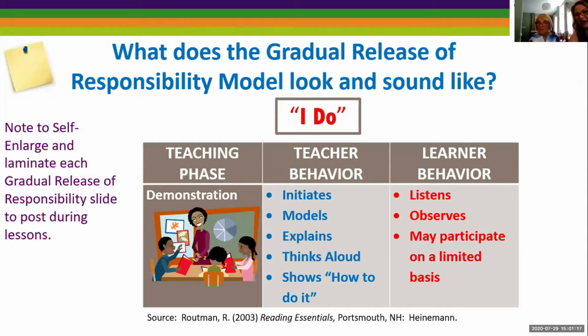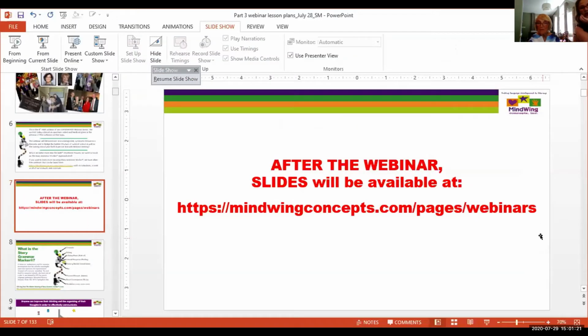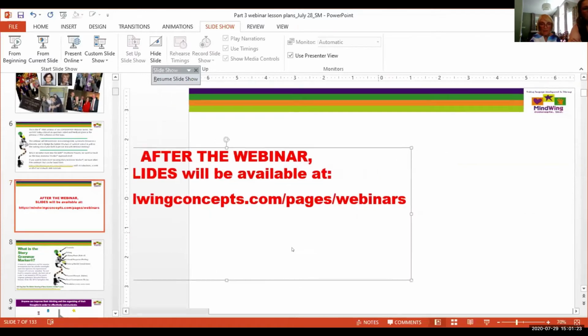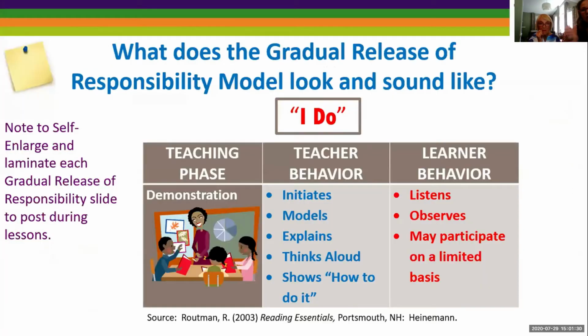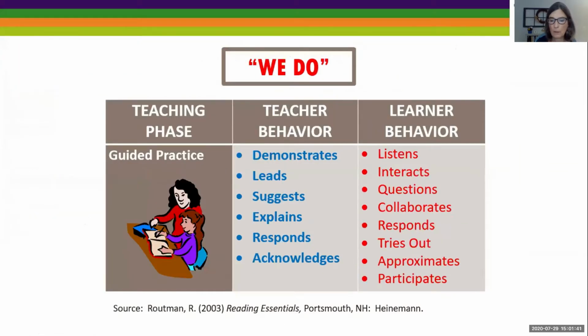So I can click the arrows. Oh, it went back to the beginning. Wait a minute, hold on. Resume slideshow. Okay, it says I'm controlling the screen and I'm on the I do, but if I hit the downward arrow, did that work? Yep, that worked. Okay, cool. I'll see if I can get it for the next one.